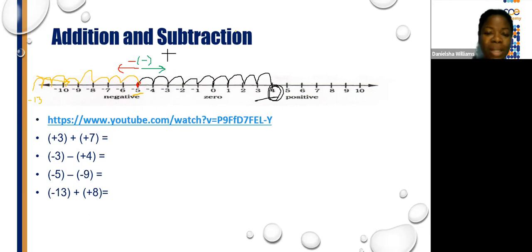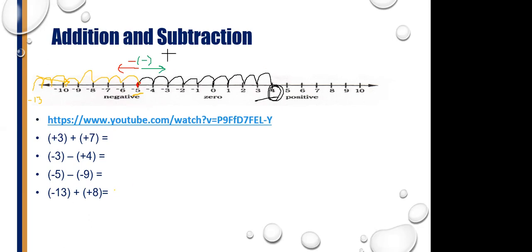Miss, when I said we're supposed to move to the right, I mean, for example, -13 plus +8 means we would start from 0 and we will be moving 13 units to the left of 0, and then from there we will go back 8 units to the right.